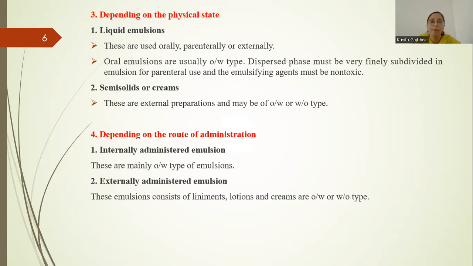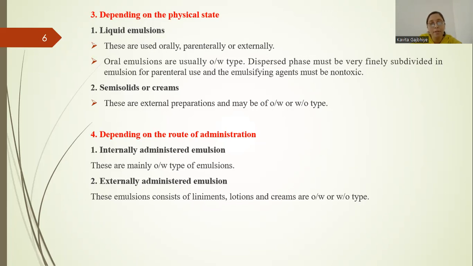The fourth classification of emulsion is depending on the route of administration. There are again two types: internally administered emulsion and externally administered emulsion. If the emulsions are administered by oral route, that is internally, of course these are O/W type of emulsion.